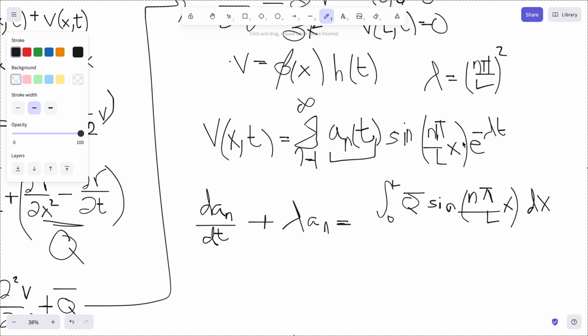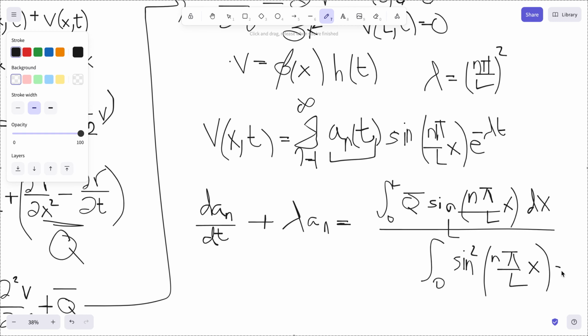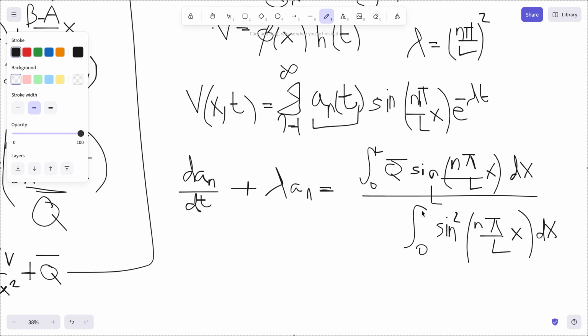And note that we're now solving for our coefficient, which we have to then take from 0 through L of sine squared n pi over L x dx. Great. So now we just need to solve this new differential equation.